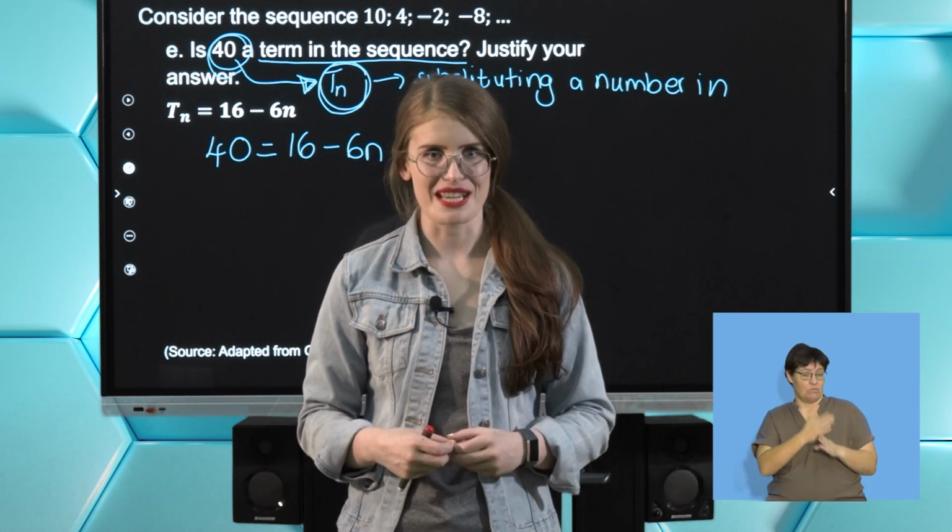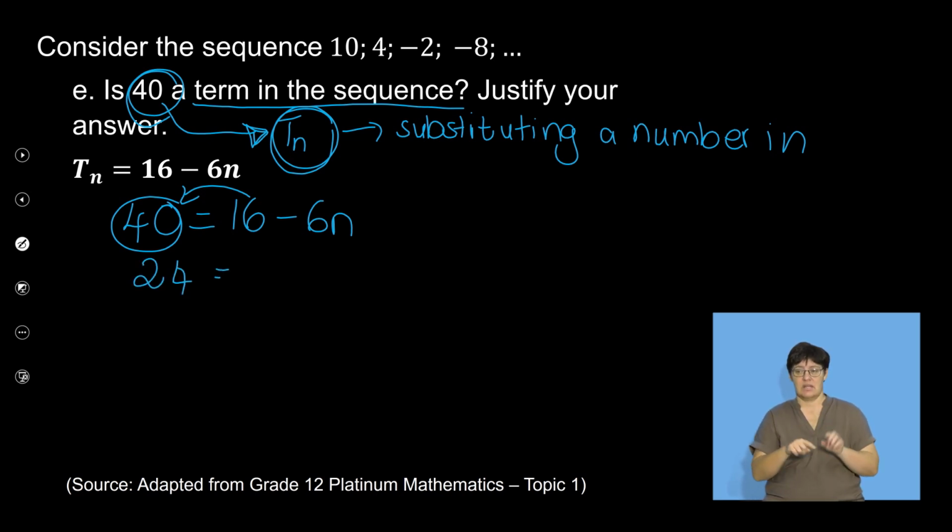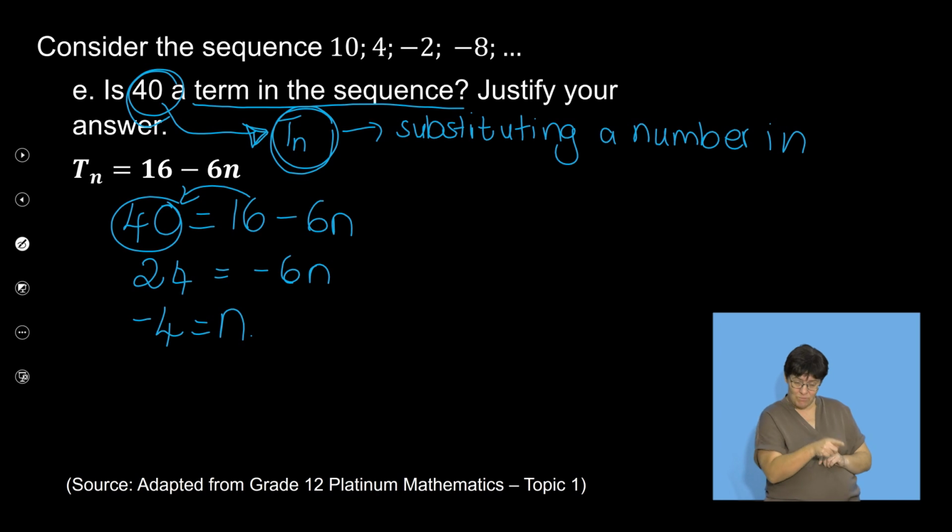Let's look at the board to see if it works. I've substituted in 40 for Tn. I subtract 16 from both sides, so 24 is equal to negative 6n. Then if I divide both sides by negative 6, I get that n is equal to negative 4.